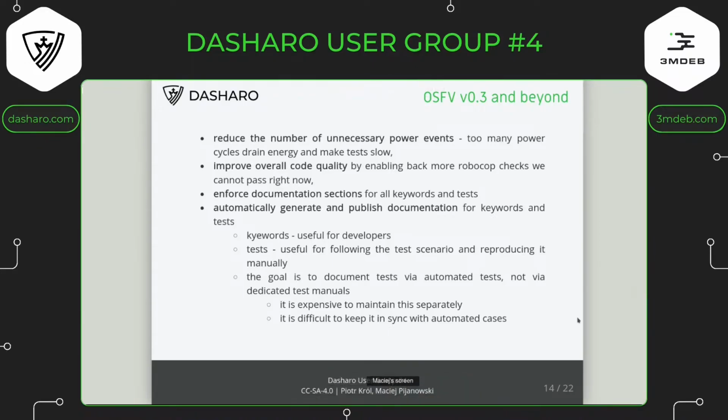Enforce documentation sections for all keywords and tests, and also automatically generate that. The ultimate goal is that we have only automated tests, and the documentation from the automated tests can also be used as a manual procedure to reproduce the test manually.